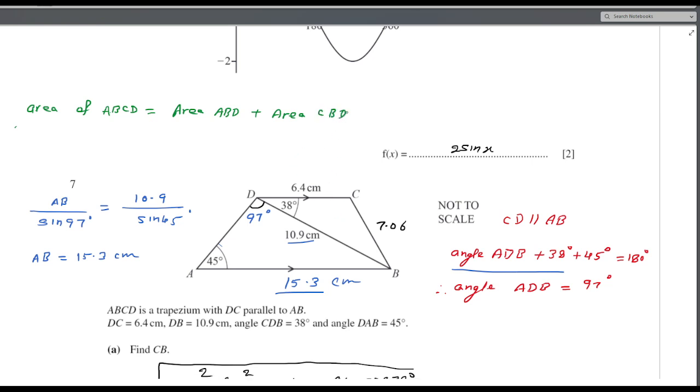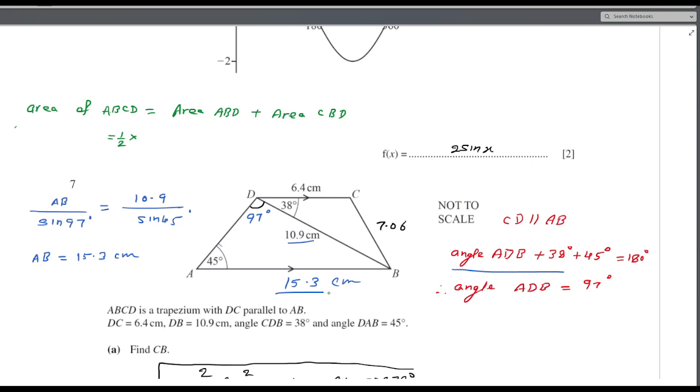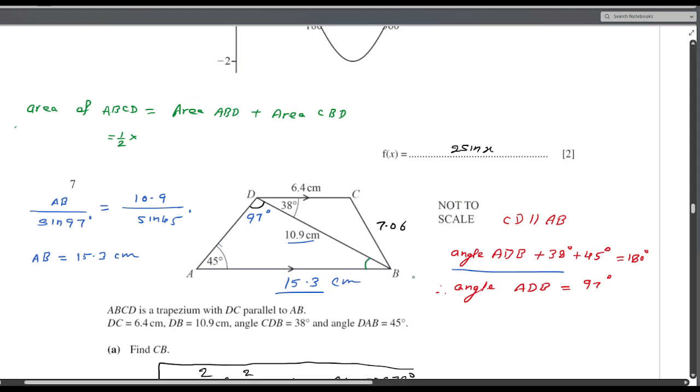Now the area is half into two sides and the angle between them. In this triangle, this is 45, this is 97.